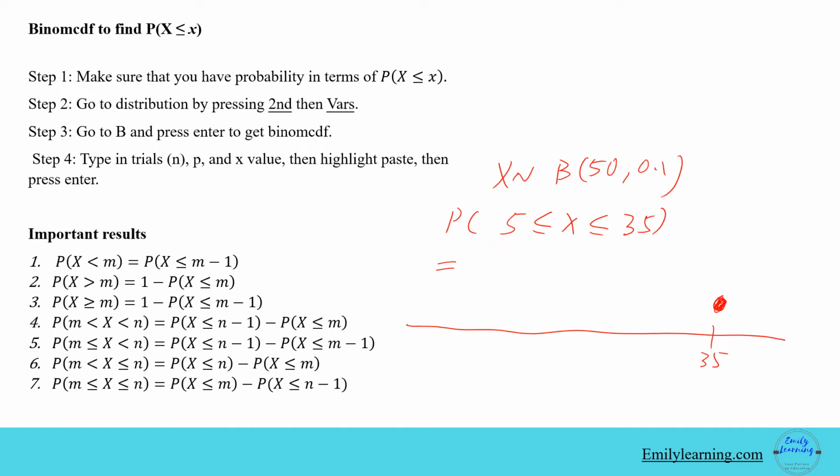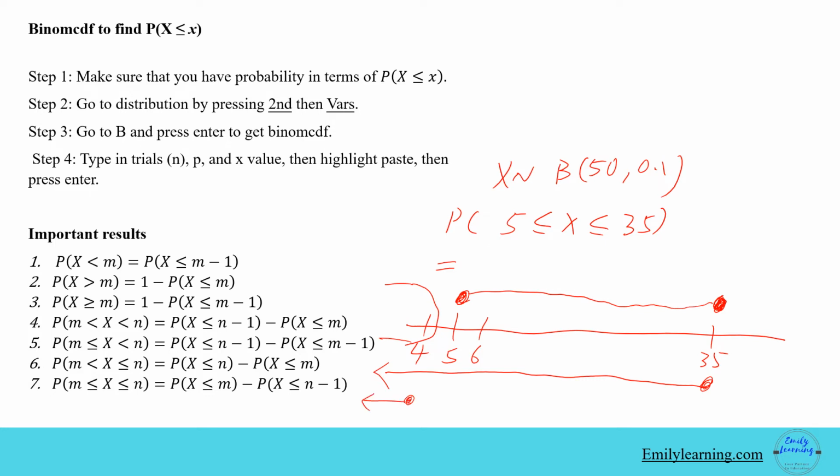So then I'll put in 5, and I will also put in 4 and also 6. And I want 5, right? So if I want 5, I will not subtract 5 away. I will subtract P of x lesser than or equals to 4. So I will take P of x lesser than or equals to 35 minus P of x lesser than or equals to 4. Okay?